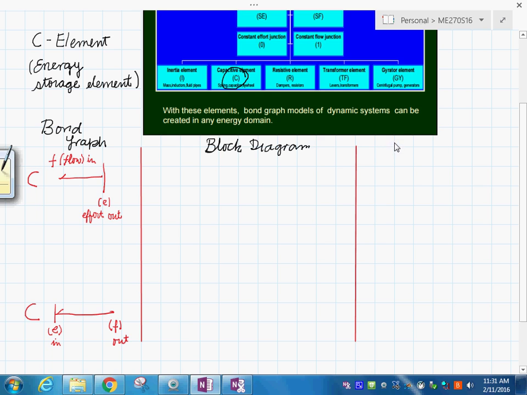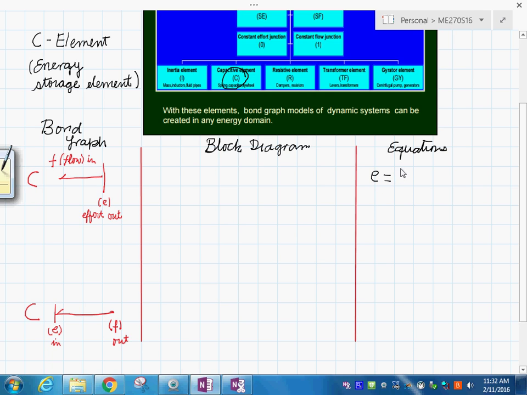In this particular case, since the output is the effort, then it follows that you can say that the effort is equal to 1 over the element, 1 over C, the integral of f dt.